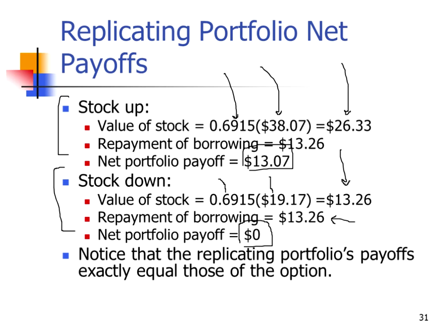So in this case, net portfolio payoff is 0. So you see what's happening here? Worst case scenario, you will end up with 0 balance because you have financed the deal. If the stock goes down, worst case scenario, you will lose 0. You will not have lost anything.